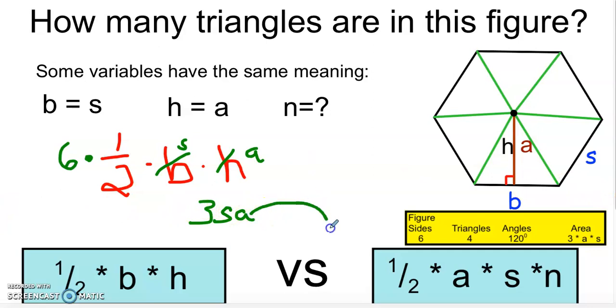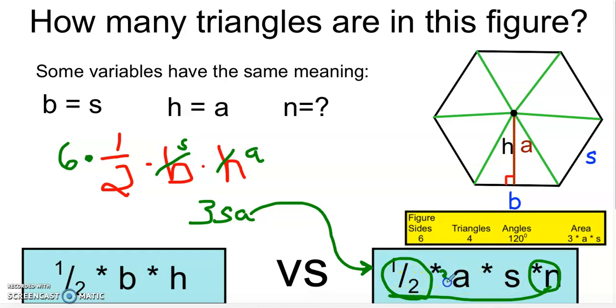And that also follows through then with the general case of any polygon. Okay, any polygon is going to be 1/2 times the apothem times the side length times the number of sides. And to do the 3AS, we just combine these two together, because there were 6 sides, and we're doing 1/2 times 6.